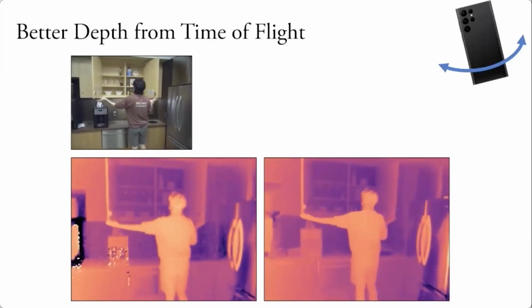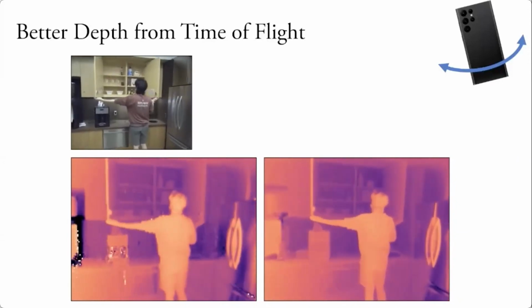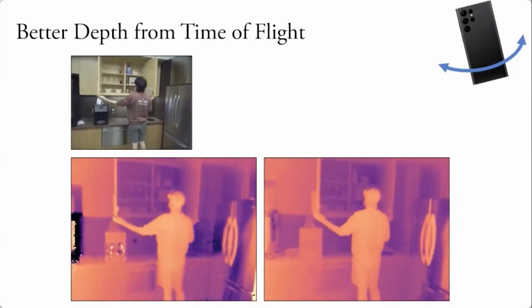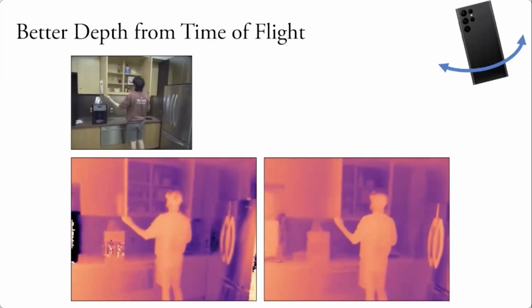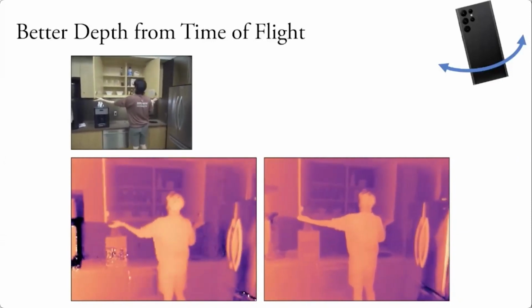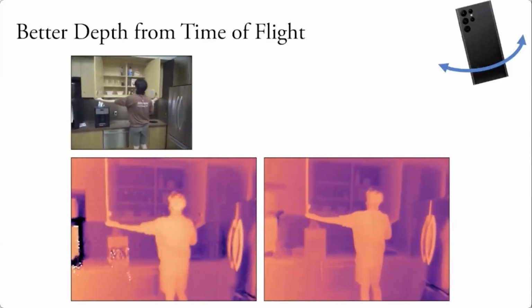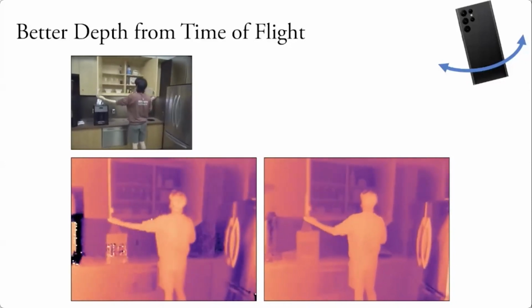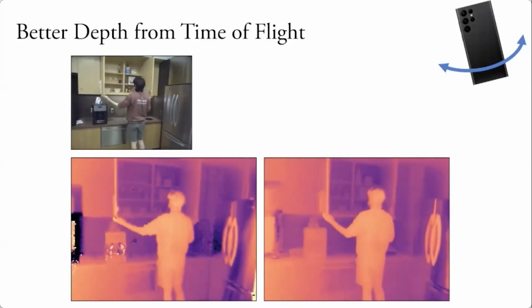Or we have complex reflectance effects like bouncing light off the shiny fridge door. But if you use neural field methods, you can alleviate much of this noise by solving a reconstruction problem to recover a more plausible scene representation.